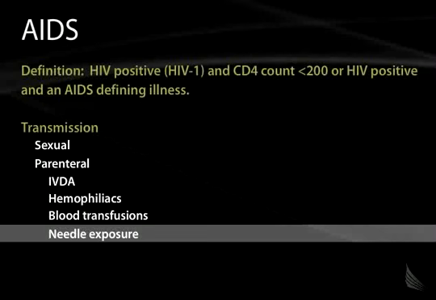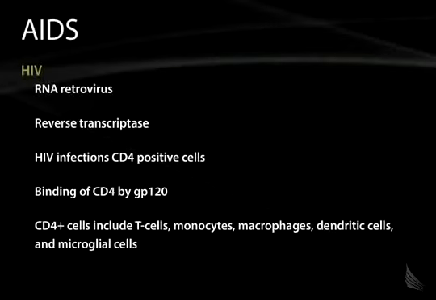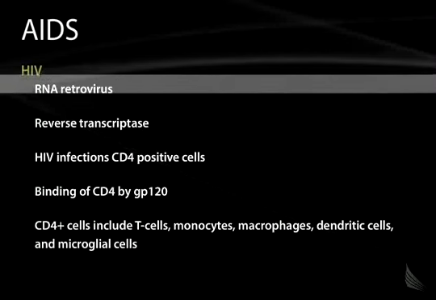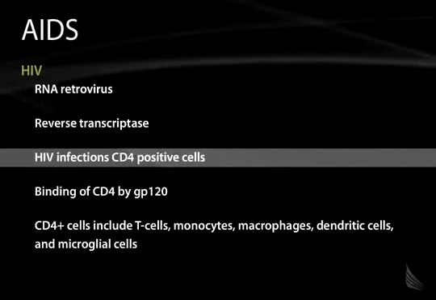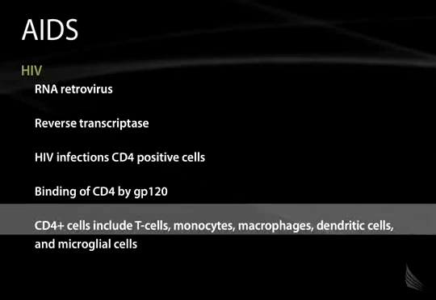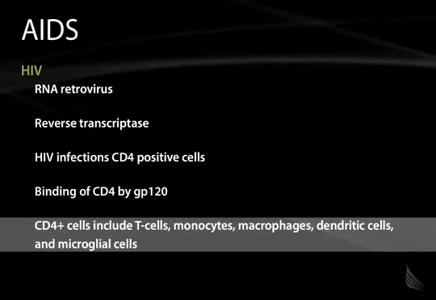Very briefly, just to review what HIV is, it is an RNA retrovirus that encodes a reverse transcriptase. The HIV itself likes to infect CD4 positive cells. This includes things such as T cells, macrophages, monocytes, and then cells that one might not expect to be CD4 positive, such as the dendritic cells and the microglia of the brain.